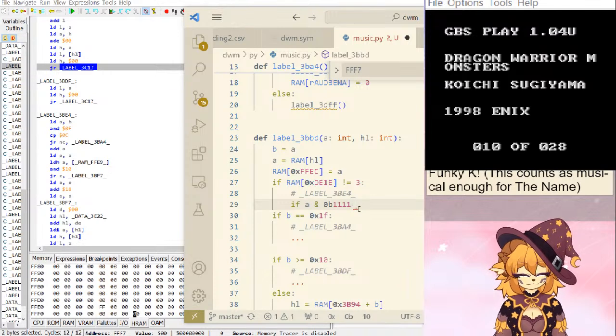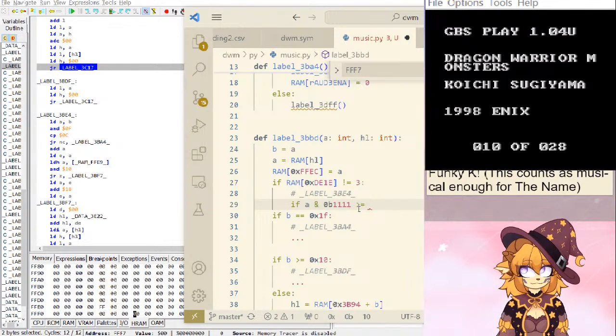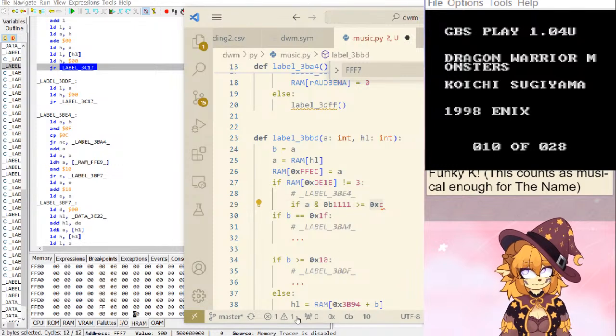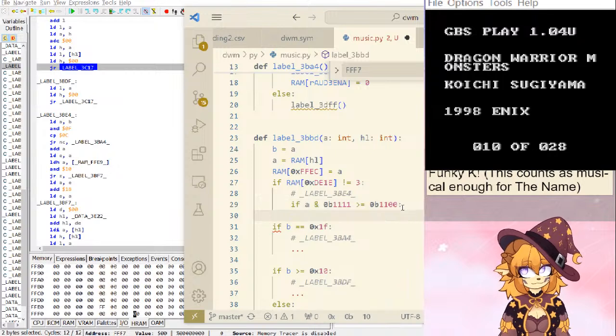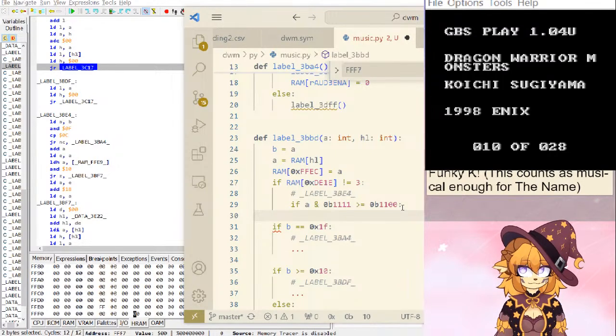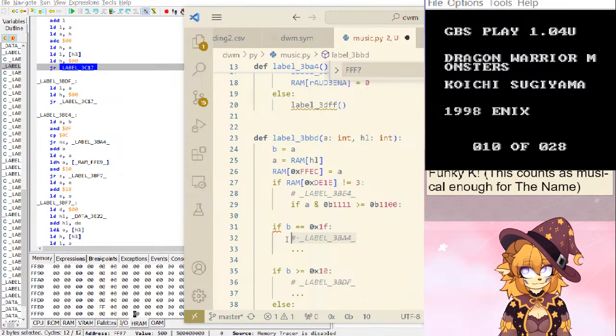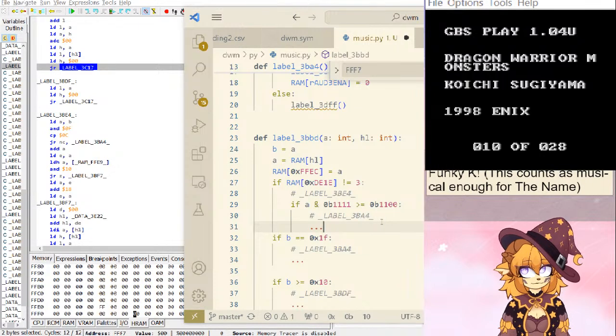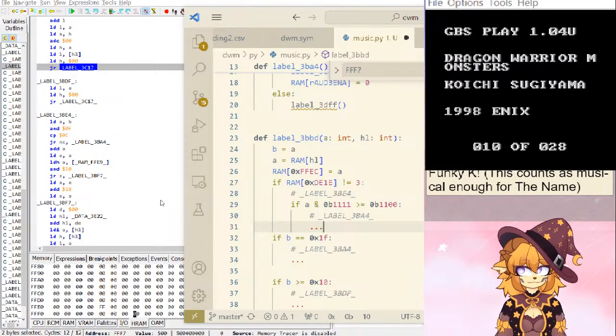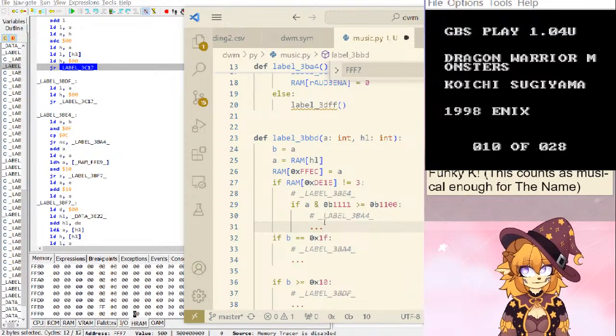Is greater than or equal to. Those are the paths to get to 3BE4, so let's try to reduce that real quick. Actually, this is the first check, so I don't think I can reduce that yet.